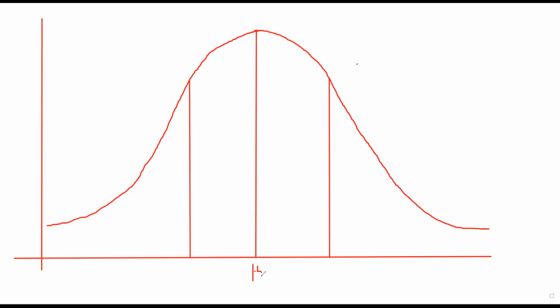Mean value is 1.5 meters. So out of 1000 girls, their mean height was 1.5 meters or 150 centimeters with a standard deviation of 0.1 meter, or 10 centimeters.